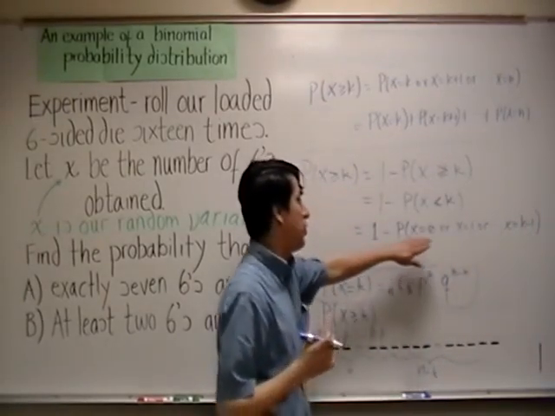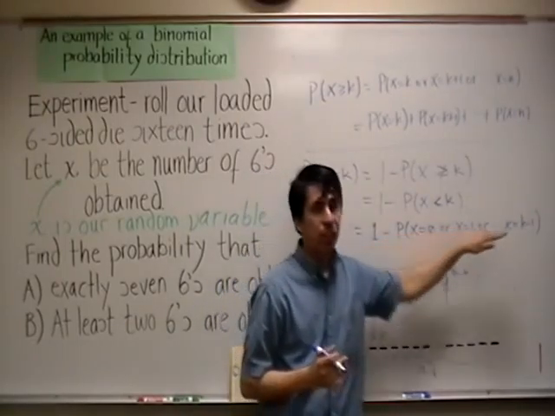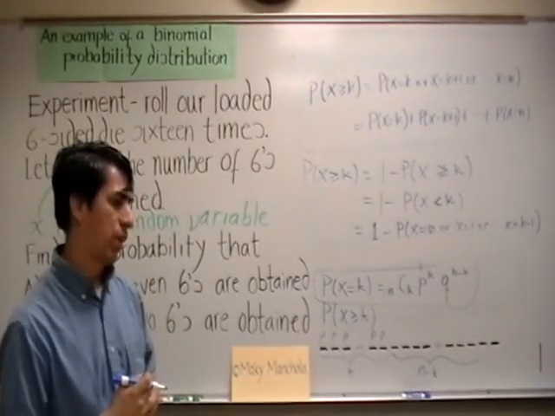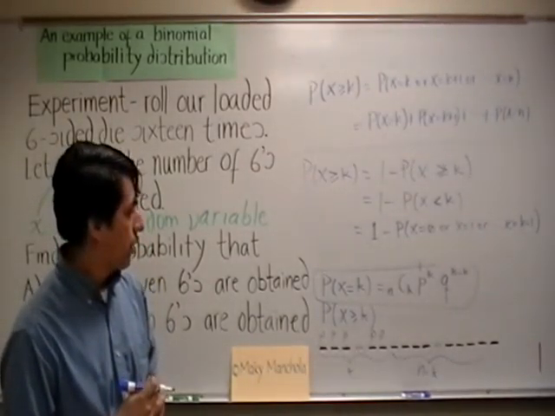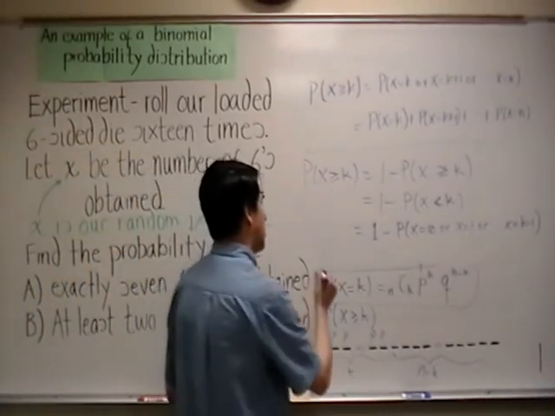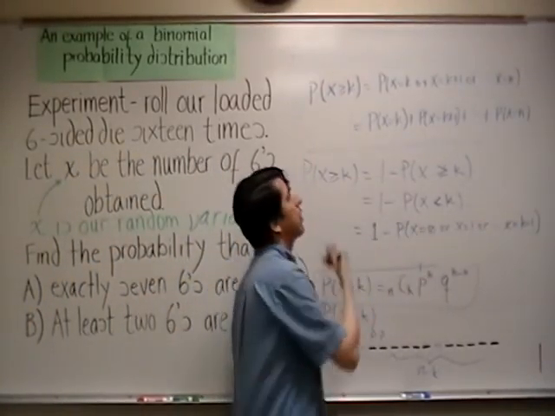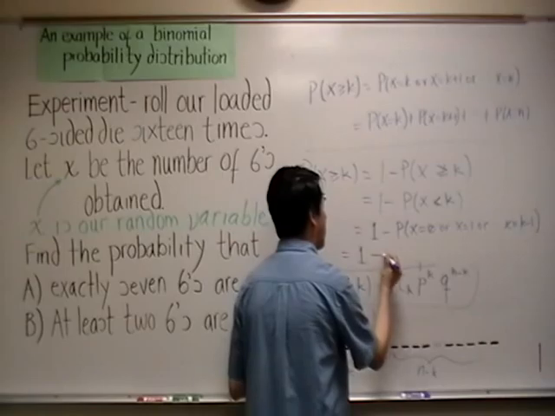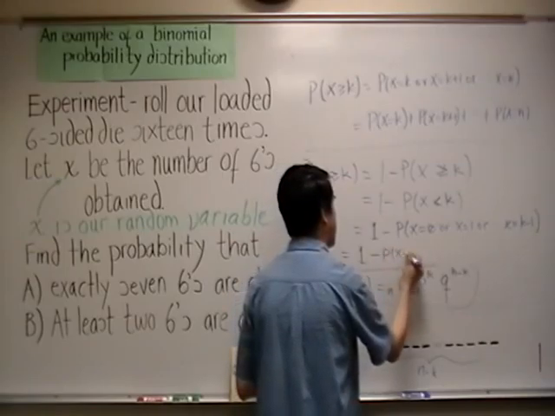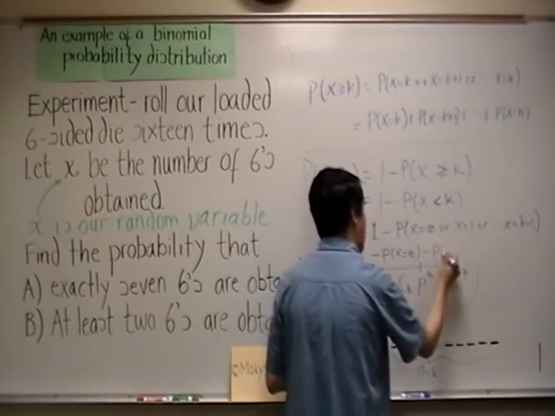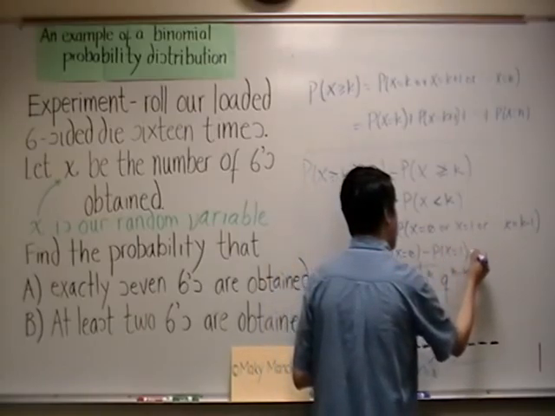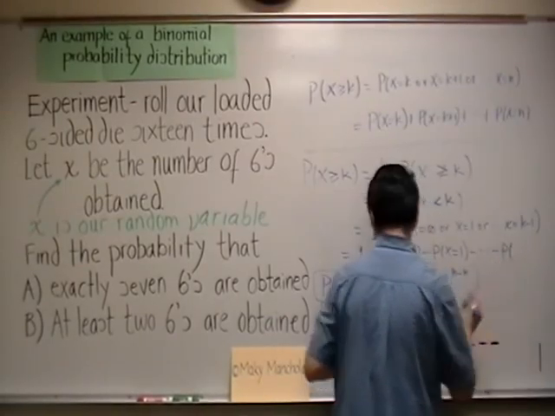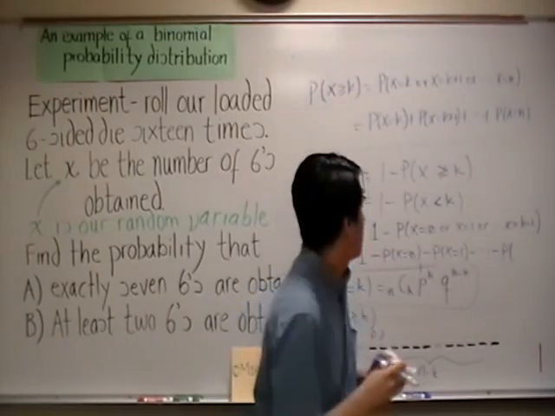Now, since these are exclusive alternatives, you will use your addition rule for probability. The context of our experiment makes those exclusive alternatives. So I end up writing 1 minus the probability that x equals 0 minus the probability of x equals 1 minus ... minus the probability that x equals k minus 1.